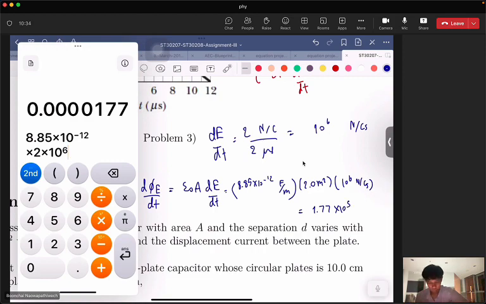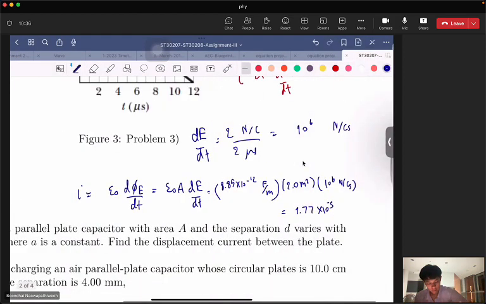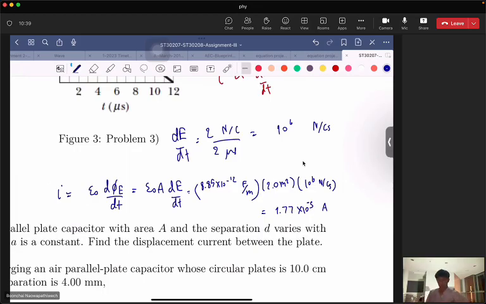And this is the value in ampere. Let me check.